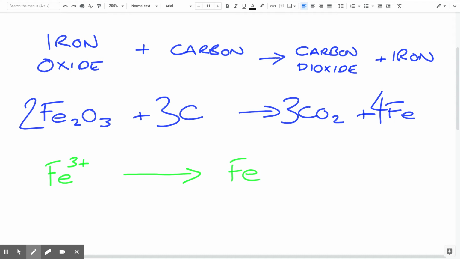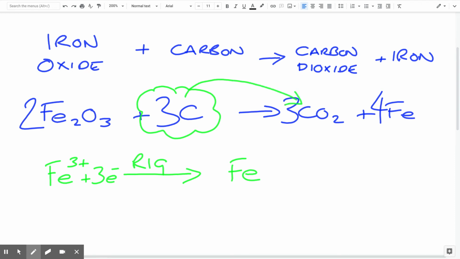And as we know from the previous example, reduction is the gain of electrons. So in order to fully reduce iron(III) down to the neutral atom, we need to gain 3 electrons, and those electrons will have come from the carbon in carbon's process of being oxidized to CO2.